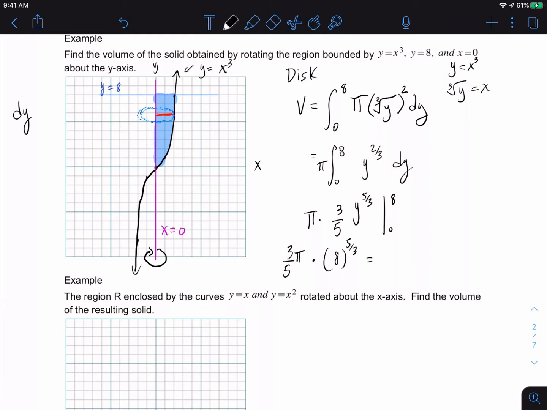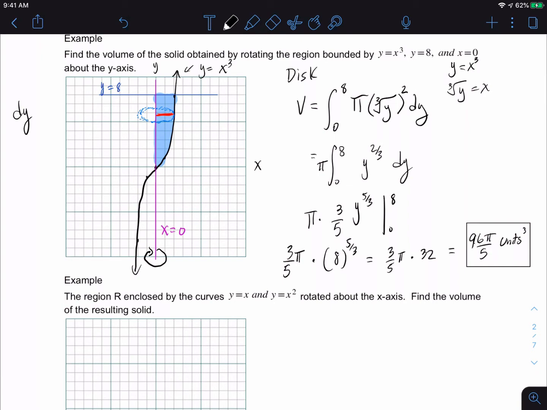So I'm just going to leave that piece out. And so I'm going to get 3/5 pi times 32, which will yield 96 pi over 5. And then again, units cubed. We okay with that?